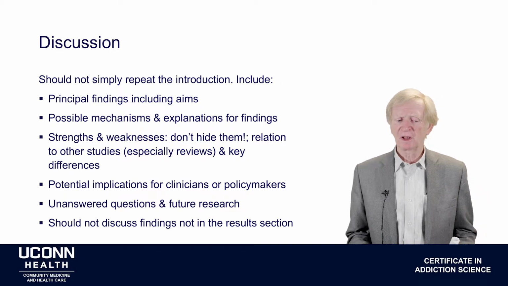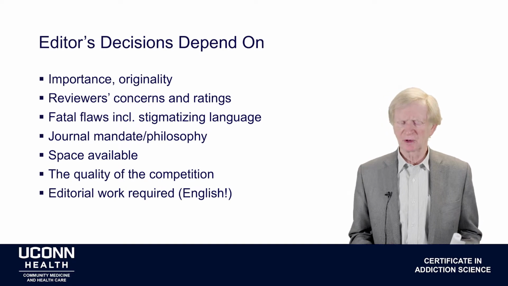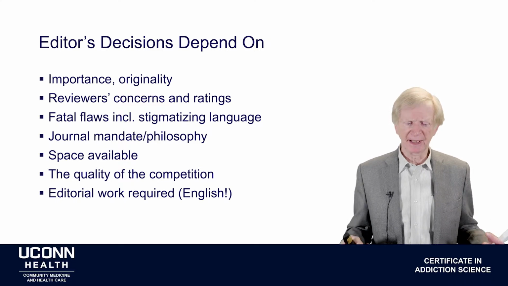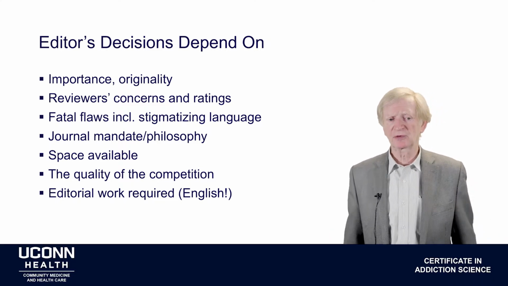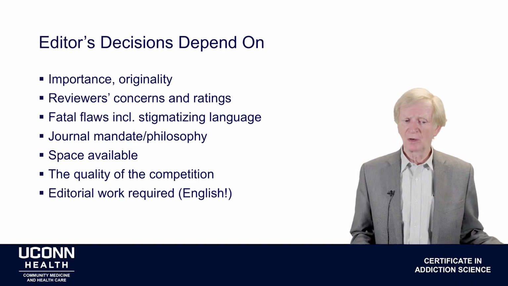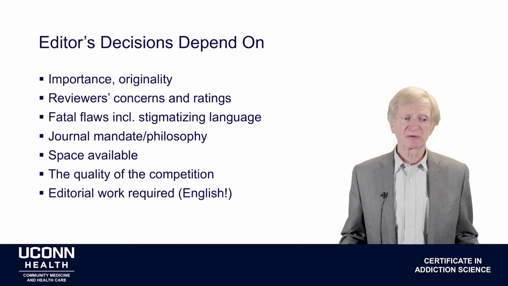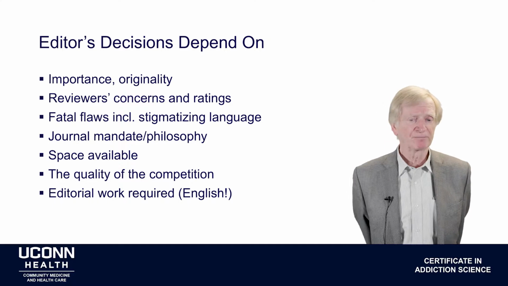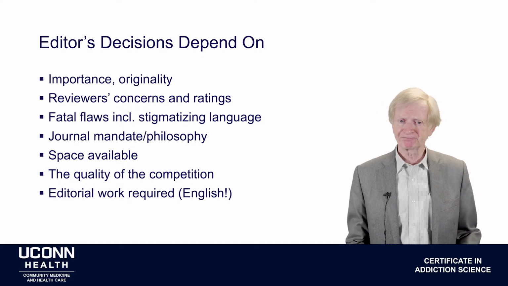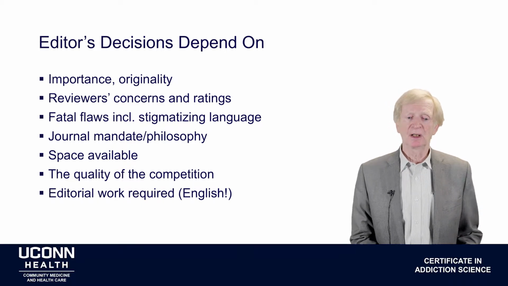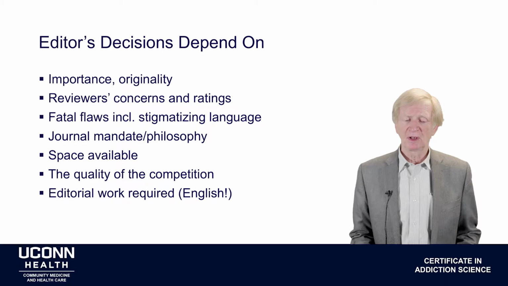So once an editor gets reviews from 2 or 3 critical reviewers, the editor sits back and looks at the article, looks at the critiques, and compares the consistency among the reviewers, also takes into account perhaps another reading by somebody else in the field, like an assistant editor whose area that person has specialized in, and takes into account the mission of the journal and the criteria that are often unstated for selecting articles.